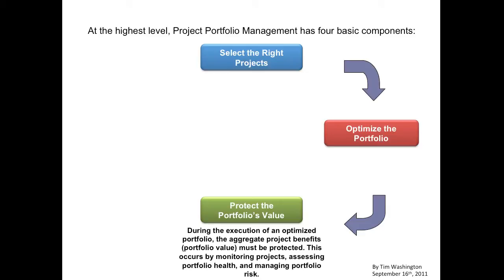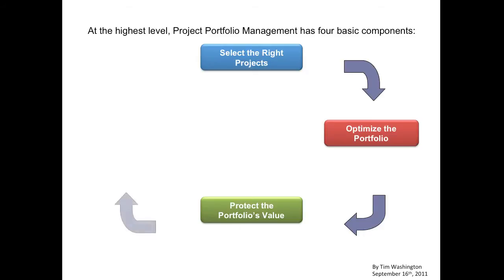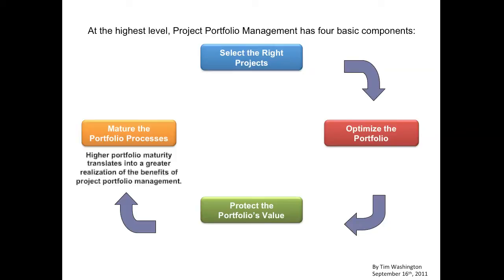So the last step really is the topic of this lecture. The mature portfolio process, you could call it, right? So the development of the usage of the portfolio inside the organization, right?